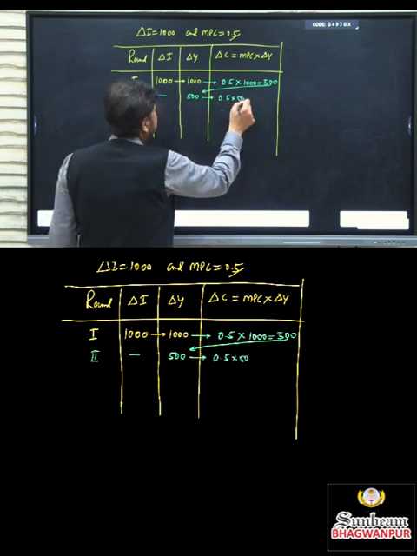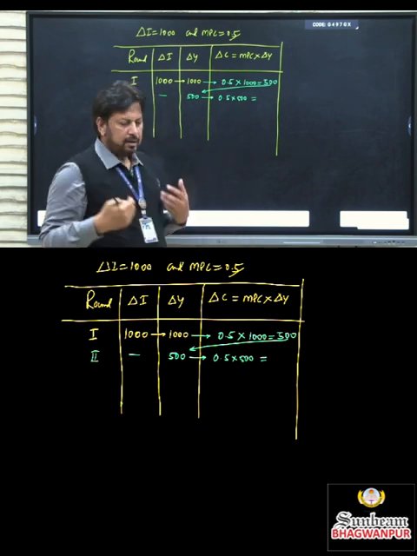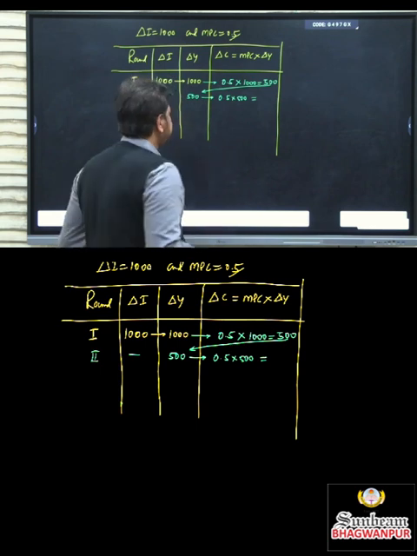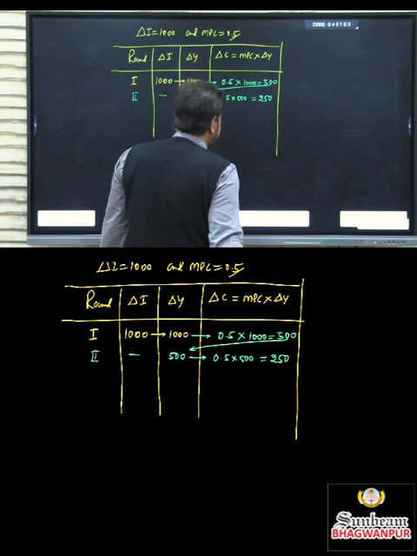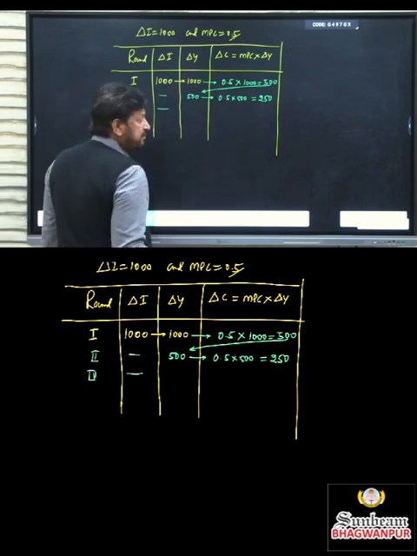0.5 into 500, because the MPC is 0.5, it means that consumers spend 50% of additional income on consumption. This is my assumption. That is going to be 250. Third round, no change in investment.